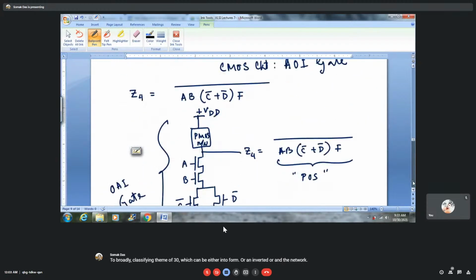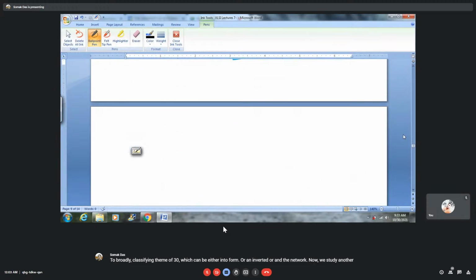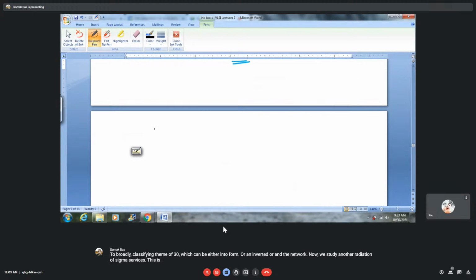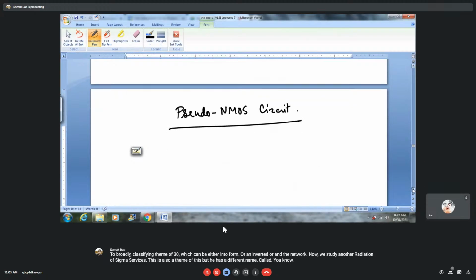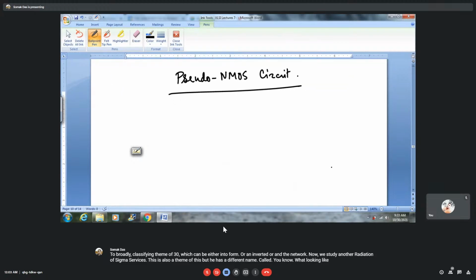So now we will study another variation of CMOS circuit, which is also a CMOS circuit, but it has a different name called pseudo NMOS circuit. What is a pseudo NMOS circuit? It is somewhat looking like a NMOS circuit, but that is practically a CMOS circuit.